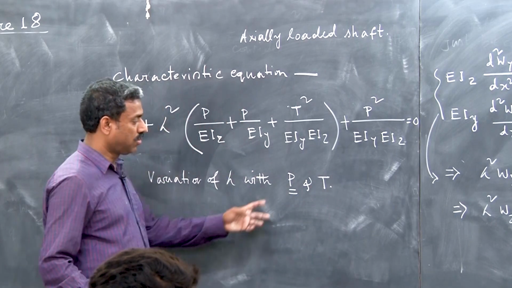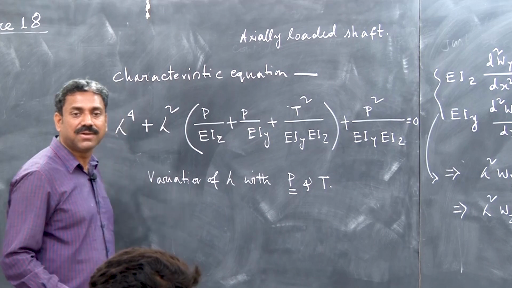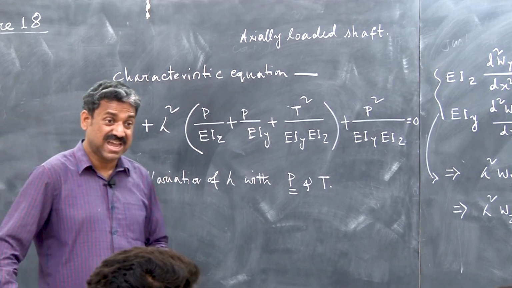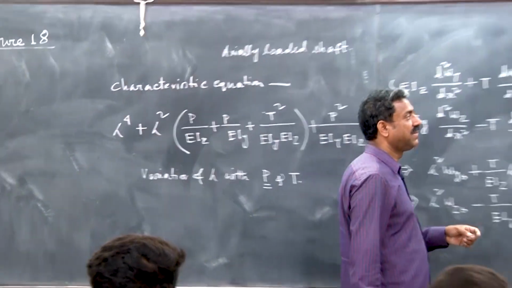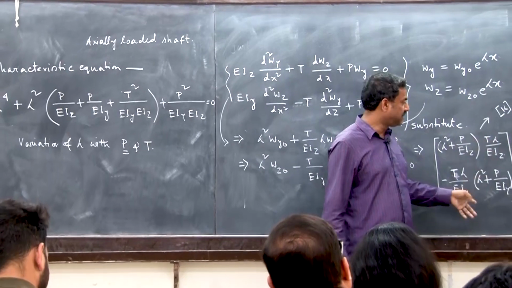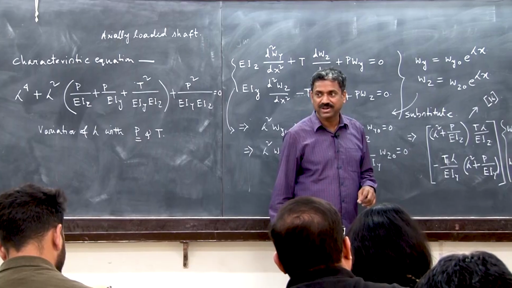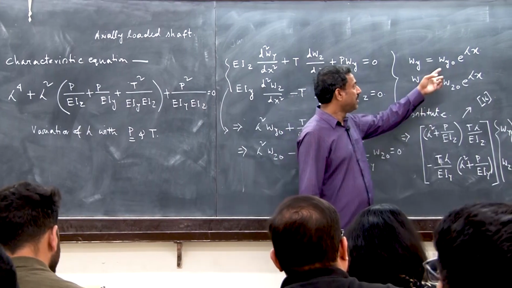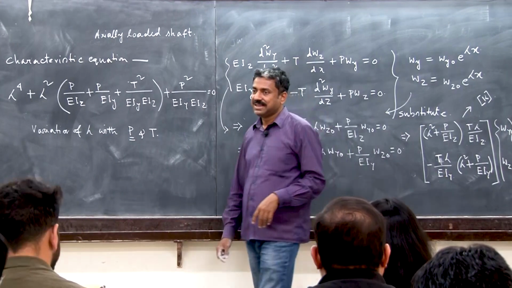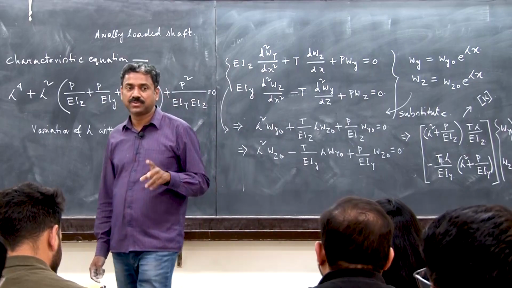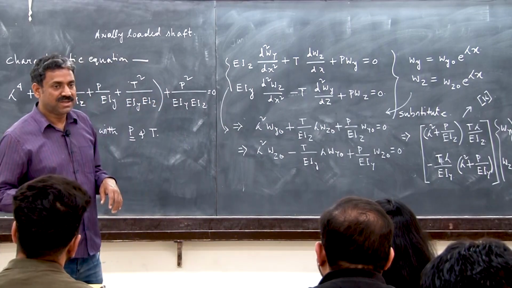So there are two control parameters, P and T, and then you can define the stability boundary. You can clearly see that for a valid solution, because of asymmetry, lambda will be complex and will appear as complex conjugates, right? Then the real part of the complex conjugate should be negative, and then the imaginary part.